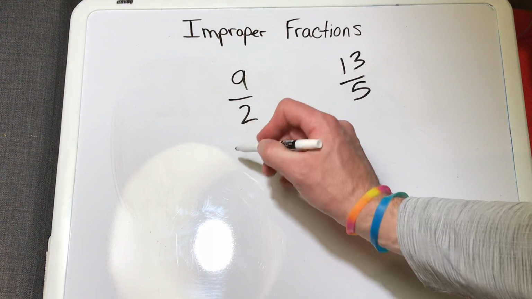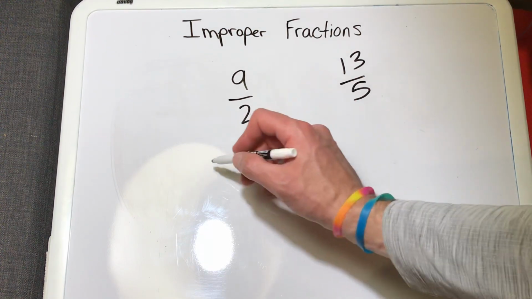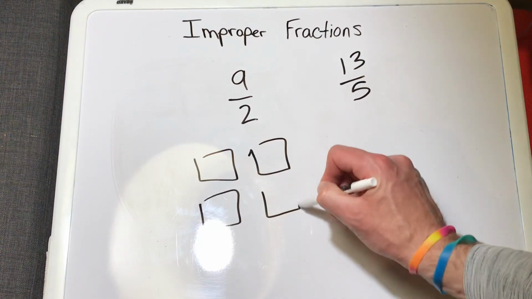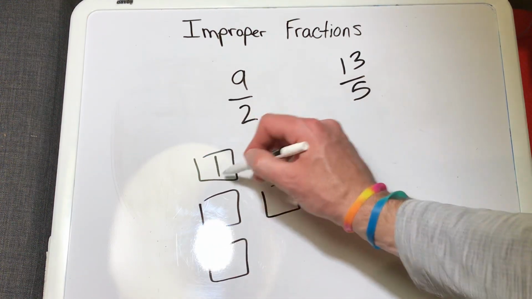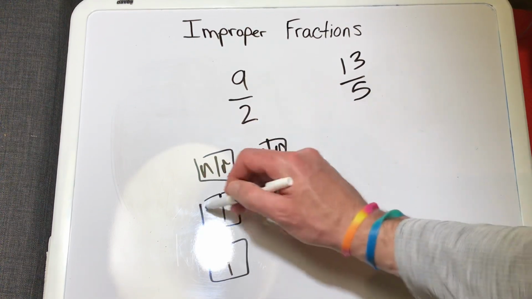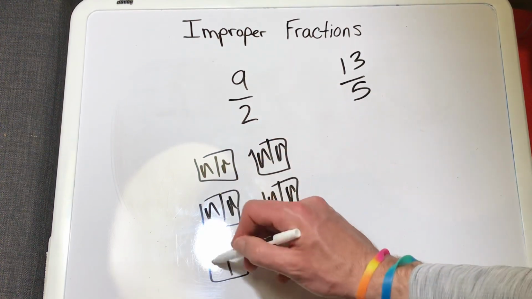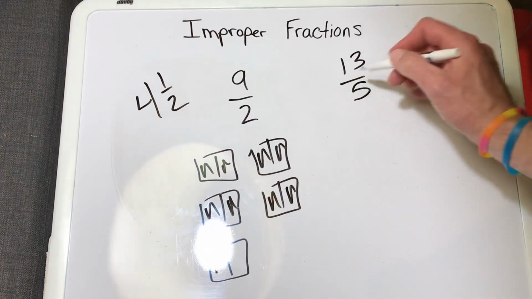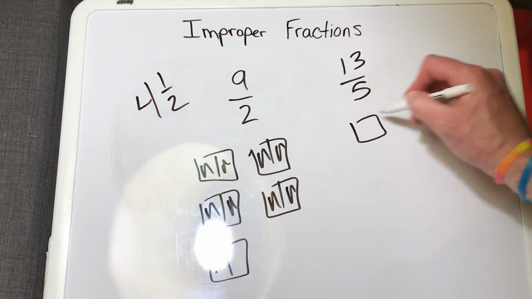So we can draw that out again, and we can say, well, 9/2 we knew was 4 1/2. 1, 2, 3, 4, 5, 6, 7, 8, 9. So that's 4 wholes and a half. 13/5 we just did.